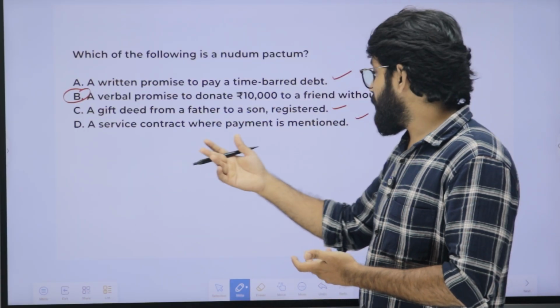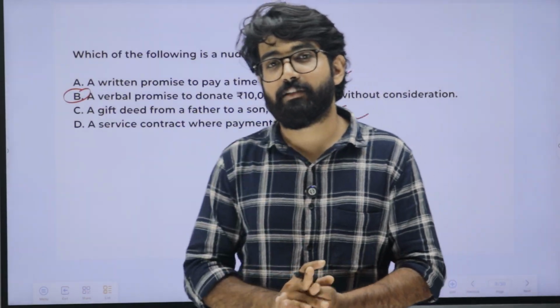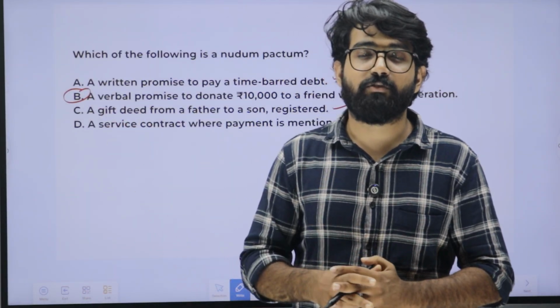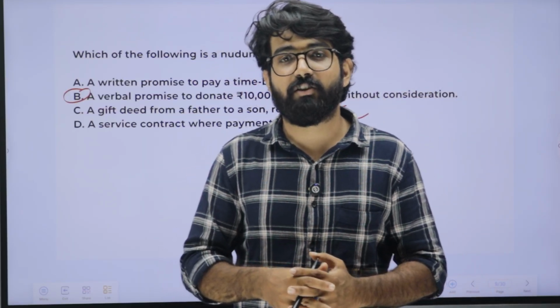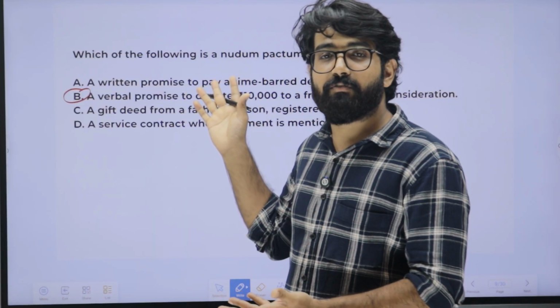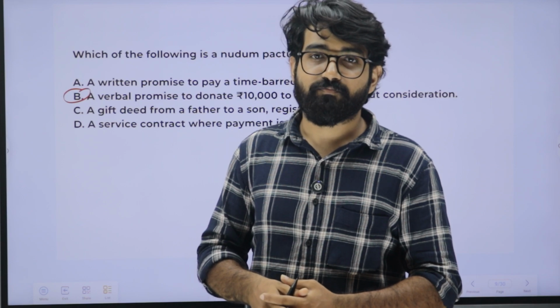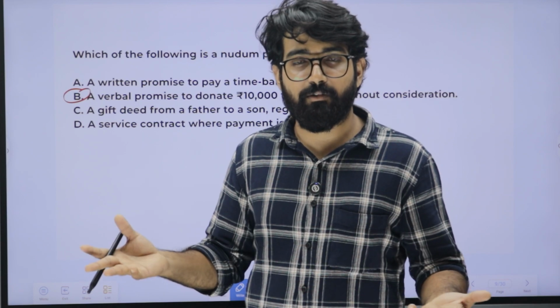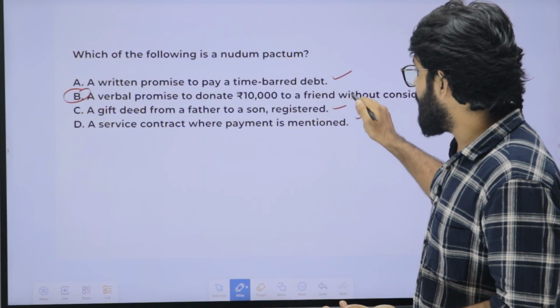So these are valid situations. Only in the situation where there is no valid consideration will it not amount to a valid contract or agreement. The agreement becomes void in the situation of B.